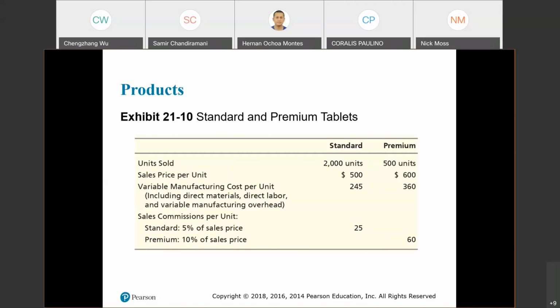And of course, the premium model costs more to manufacture and has a higher sales price. The premium model is new for the company, and the sales representatives have been encouraged to promote the new model.